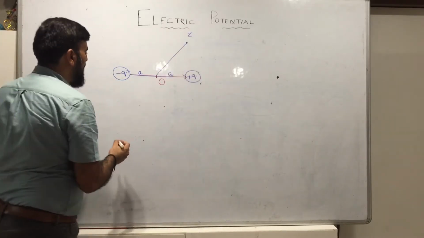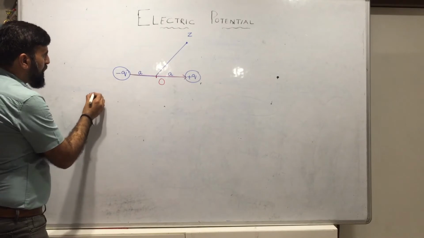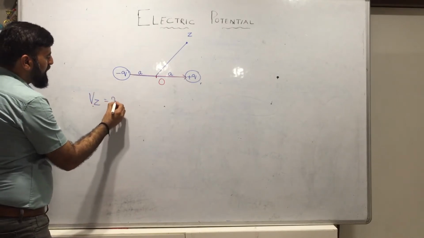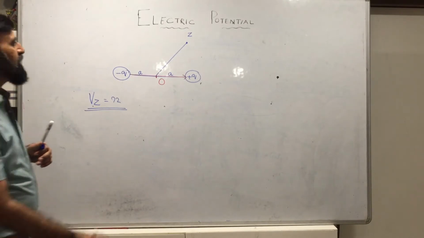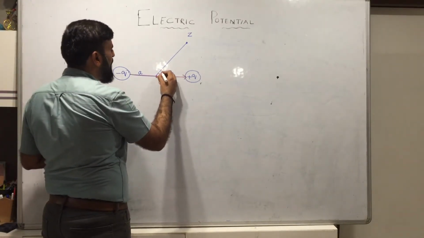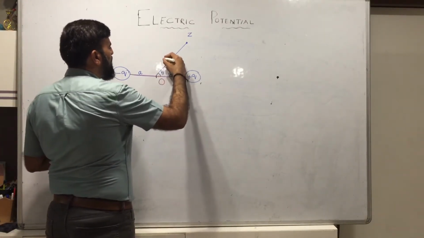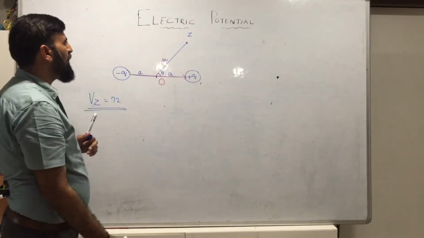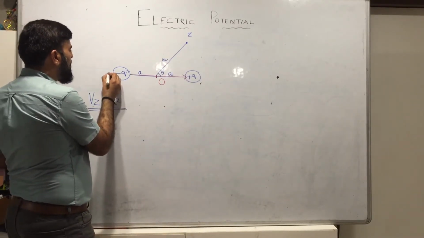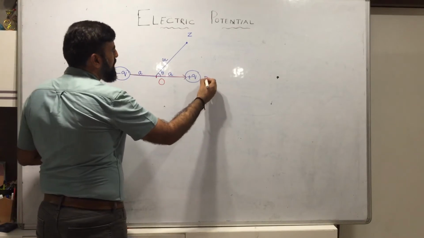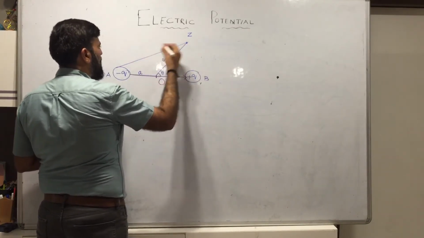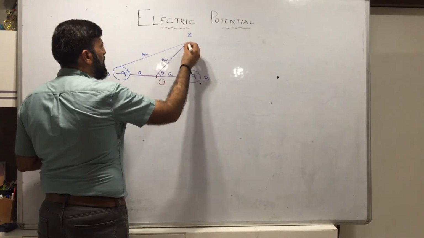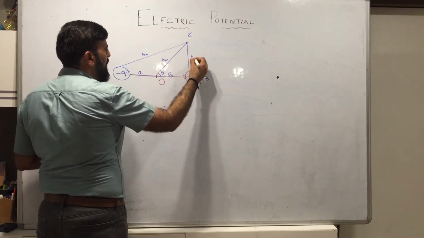Z, and I have to find out what is the potential at Z. That's my question. Derive the expression of potential at Z, which is at an angle of theta with the dipole moment at a distance of r. Fine. Let me choose this point as A, this side as B, this distance is RA, this distance is RB. Okay.